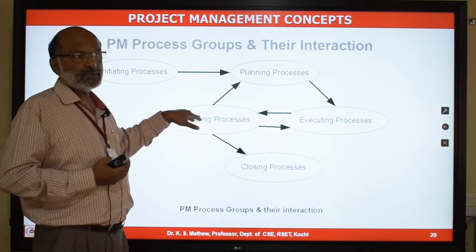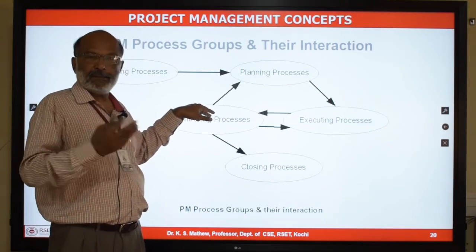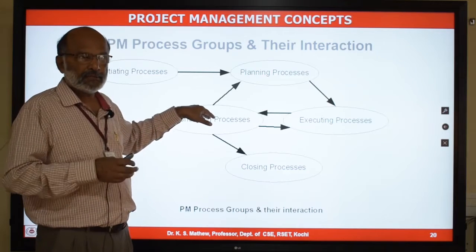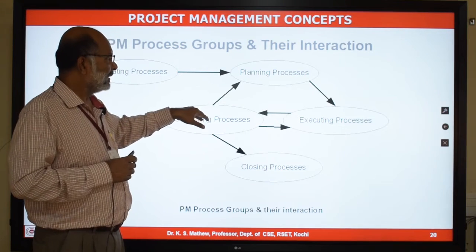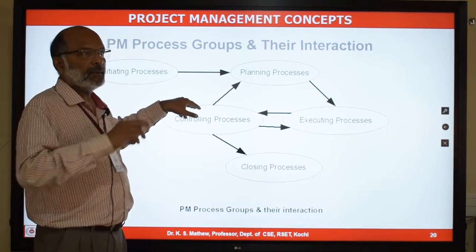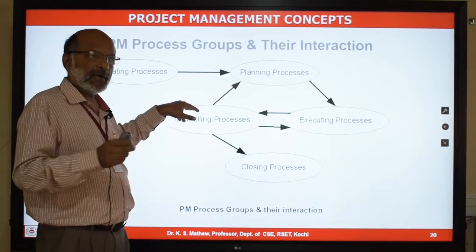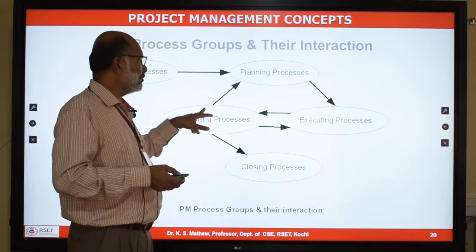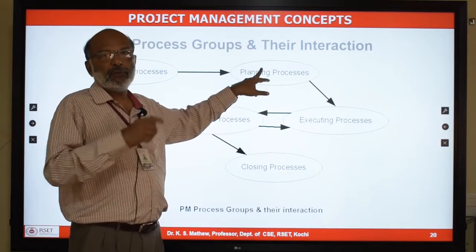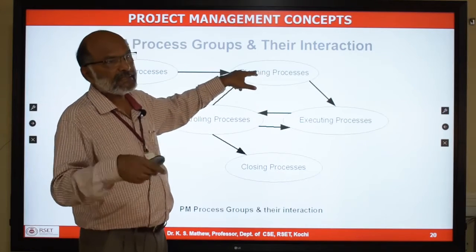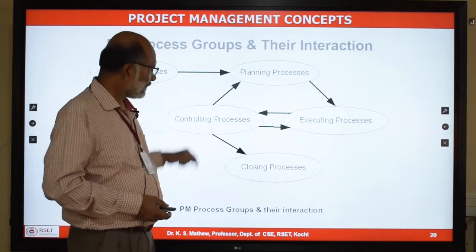In the controlling process, if you find that there is a variation, that the executing process was not in line with the planning, then you could even modify the plan or have additional planning processes. So it can go back to the planning process and do some additional planning or change some of the existing plans as well.